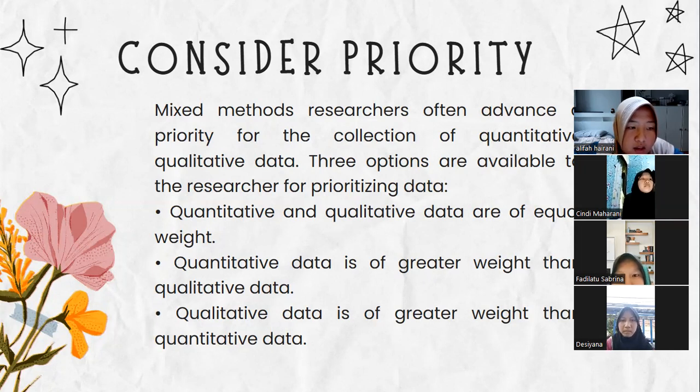There are three options available to researchers for prioritizing data. The first one: quantitative and qualitative data are of equal weight. The second one: quantitative data is of greater weight than qualitative data. And the last one: qualitative data is of greater weight than quantitative data.